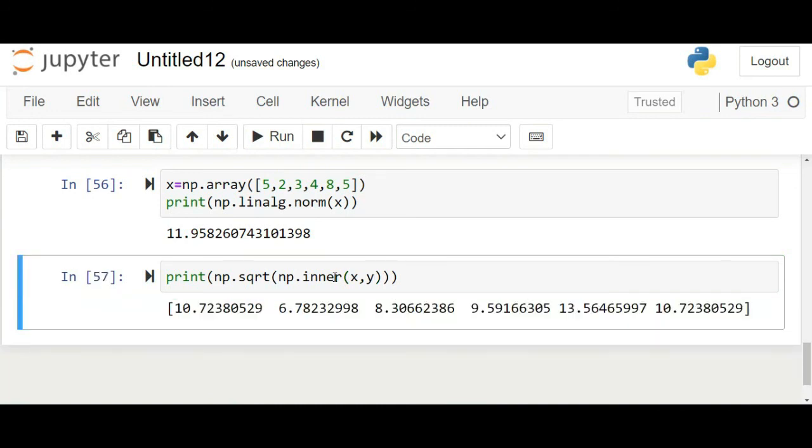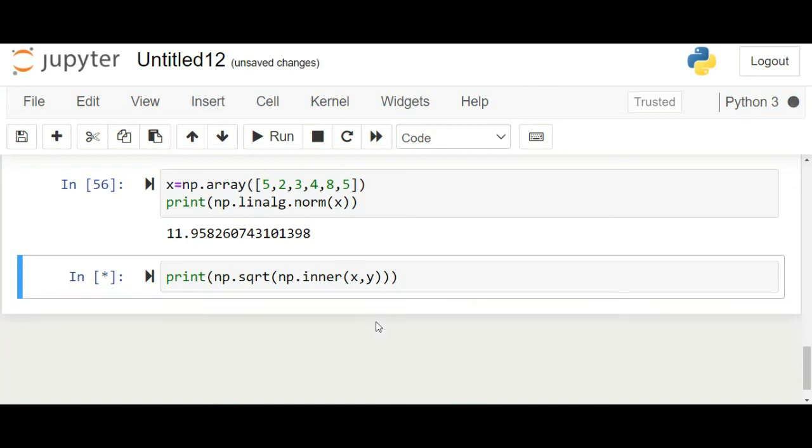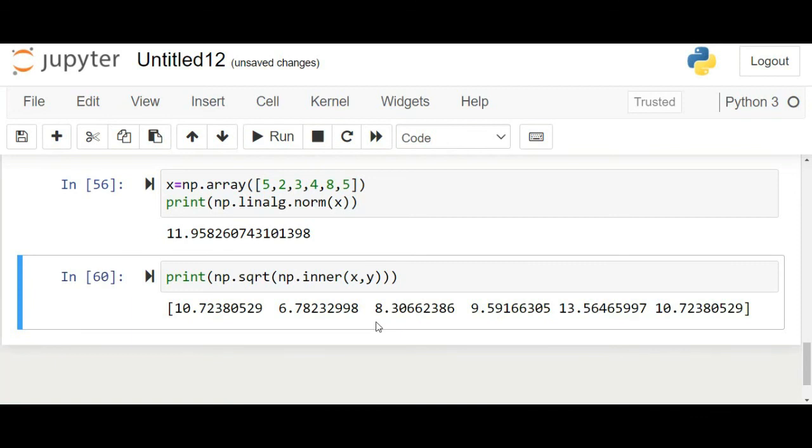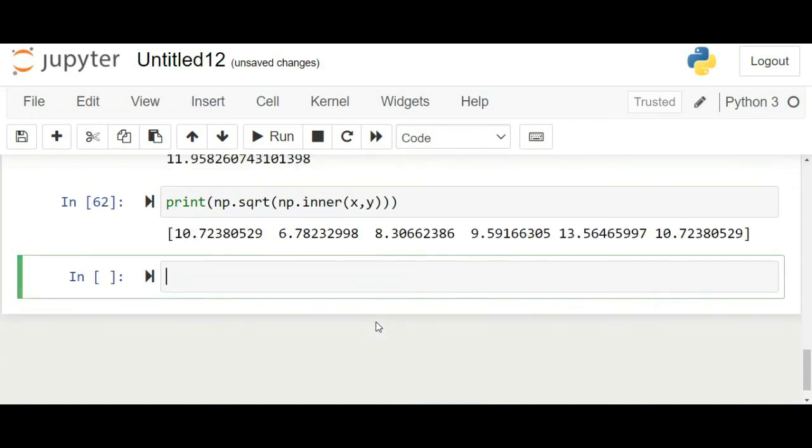Then if we print, our answer will be just like this. Okay, these are the differences. Print np.sqrt of, just like that. Okay, so in the next case, now print what?